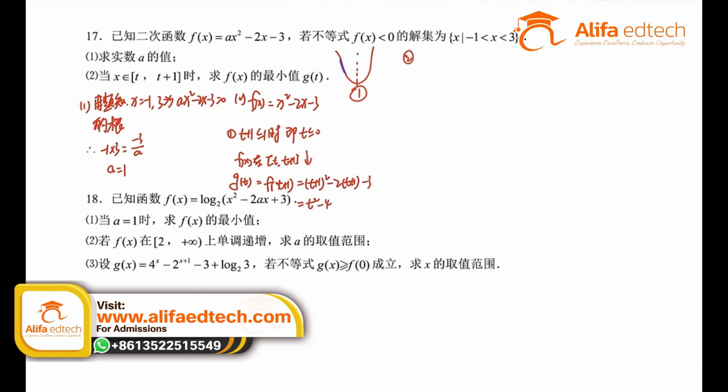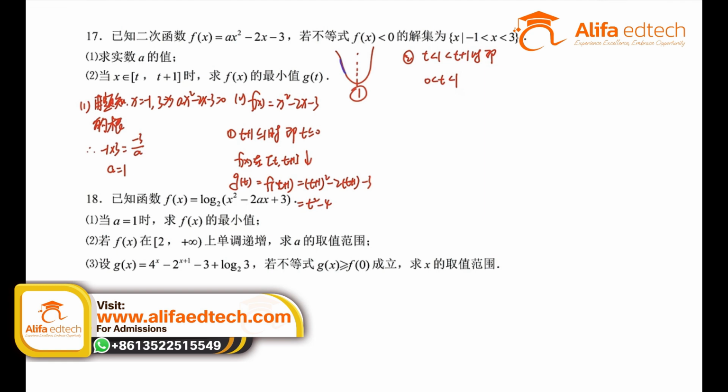Okay, and then next is the second case. The second case requires that the axis of symmetry falls within this interval. So for the second case, 1 must be greater than t and at the same time less than t plus 1. That is, t must be greater than 0 and less than 1.